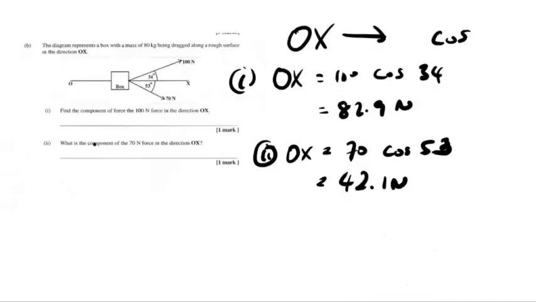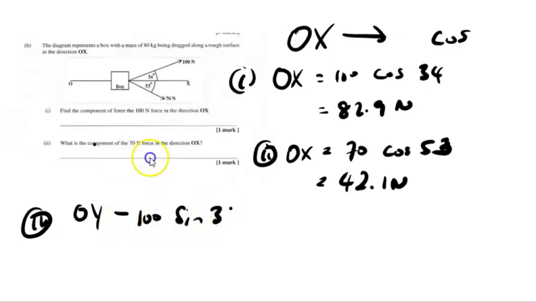Part 4 would have asked, why is there no motion in the OY direction? Looking for OY for the 100 newtons, it will be 100 sine 34, and this will be 70 sine 53.